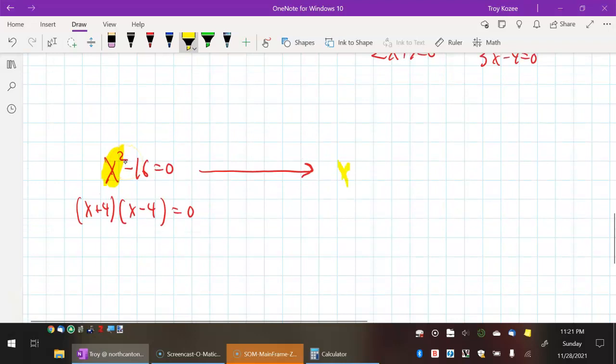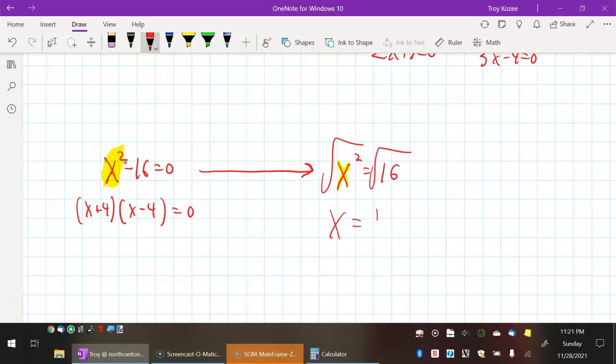I can get that x by itself, for instance, adding 16 to both sides, and then taking square roots. x is plus or minus 4, which is the same answer that I would get over here. x is negative 4 and positive 4.